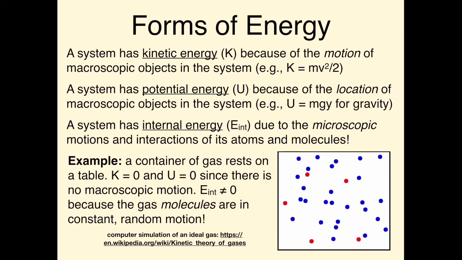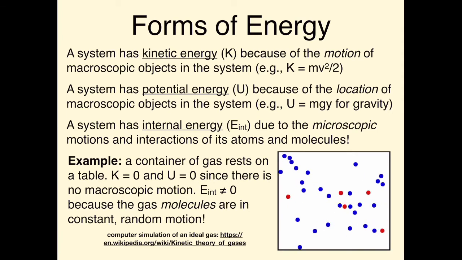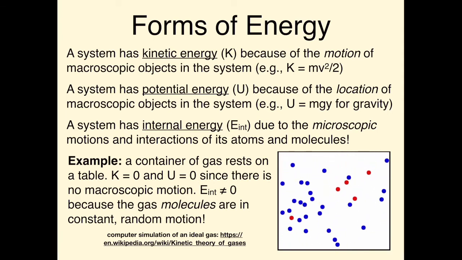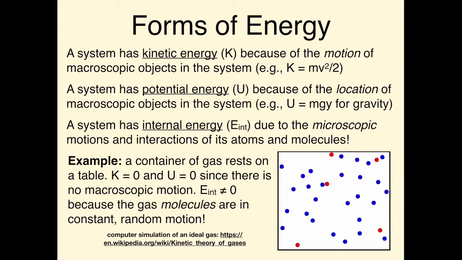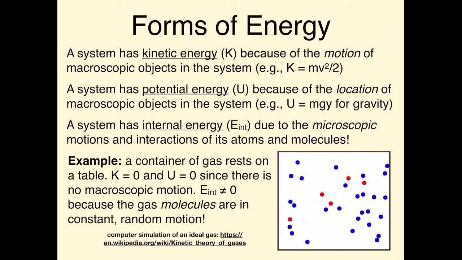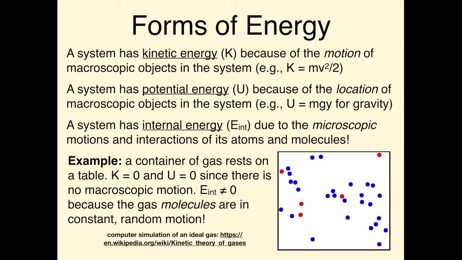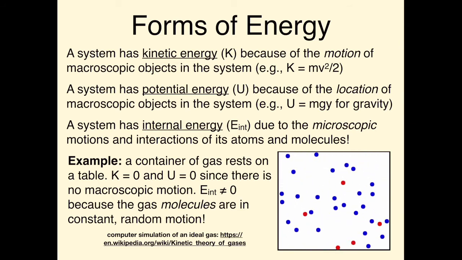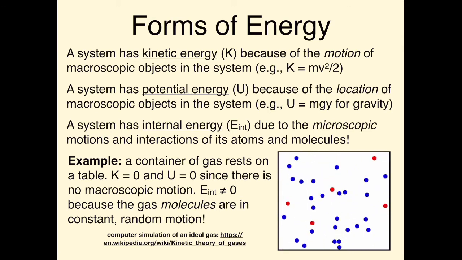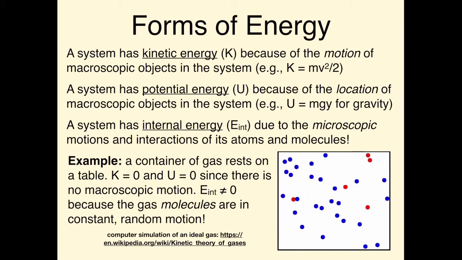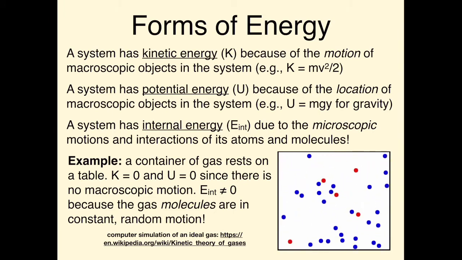In reality, there will be many, many more molecules than I'm showing you here, but you get the idea. The molecules are constantly bumping into each other. They're constantly bumping into the walls of the container, and it looks like a big chaotic mess. But there is some microscopic motion going on there, and that's where the internal energy of the gas comes from. It's energy you only see by looking at the system on the microscopic level and looking at the motions of those atoms and molecules that make up the gas.